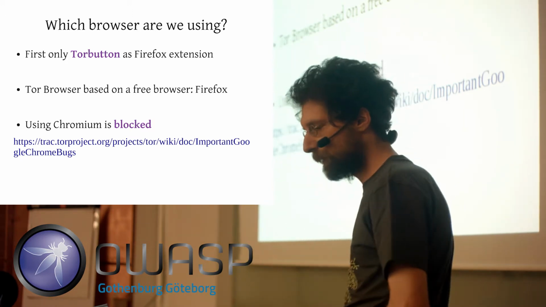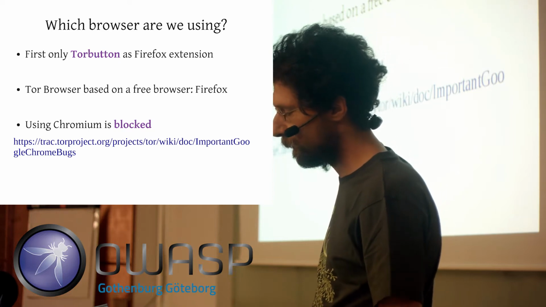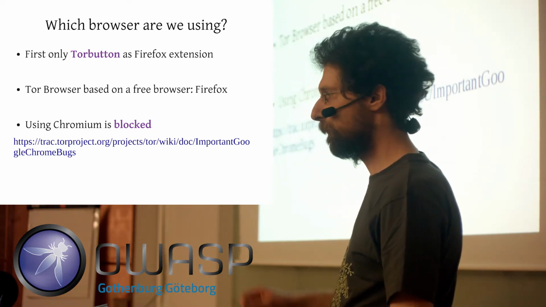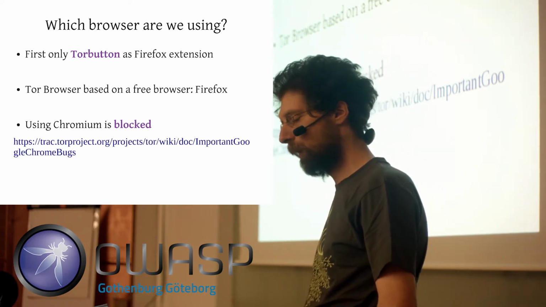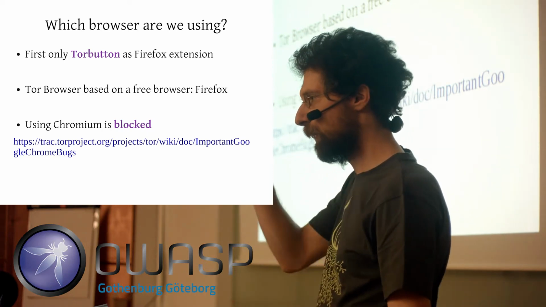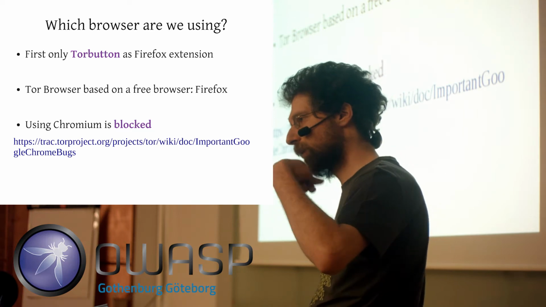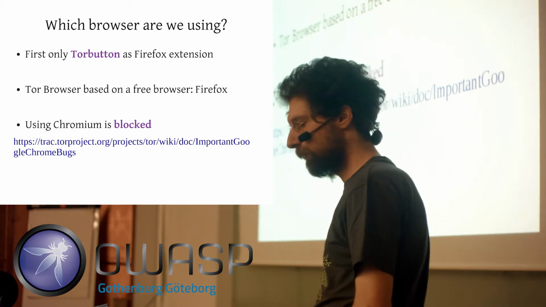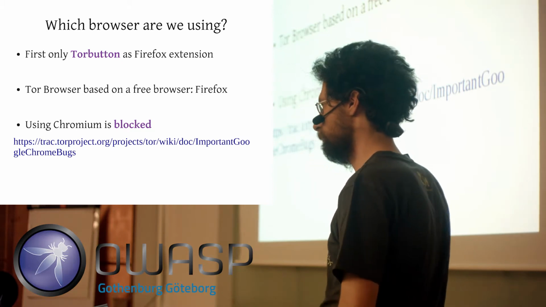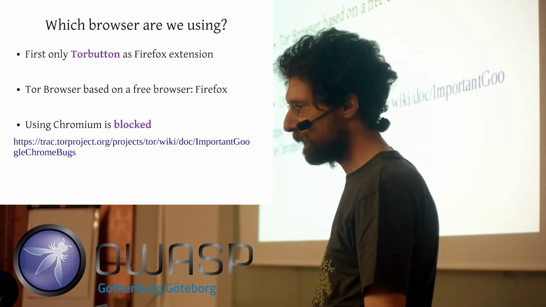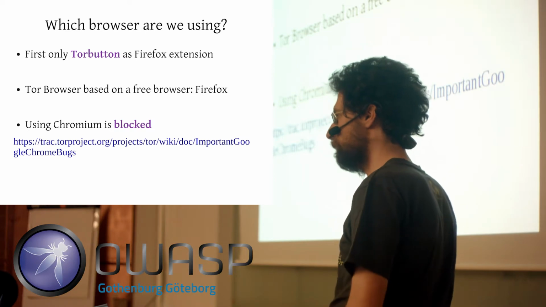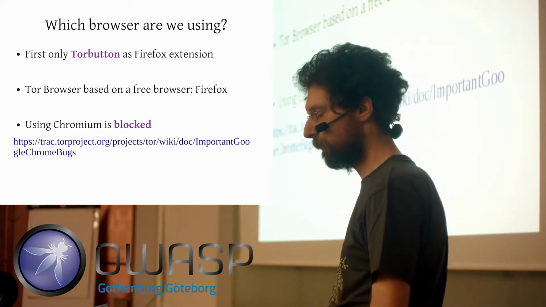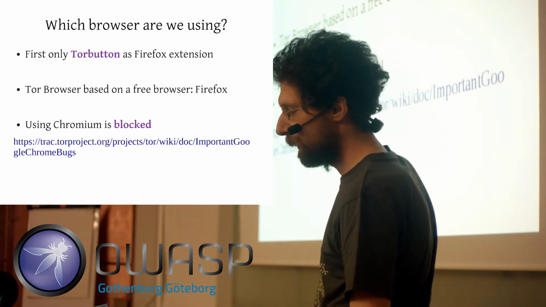Well, it turns out we first had a Firefox extension called Tor Button, which basically is, as the name says, a button in your Firefox browser, and you can toggle your Tor usage on and off. And this turns out to be a really bad idea for a couple of reasons. One reason is it doesn't fit the mental model the user has for how the browser is working.